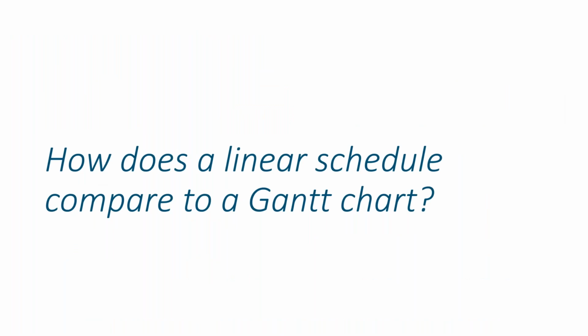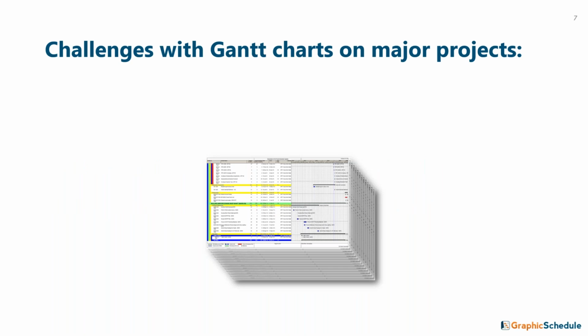So maybe a little bit of time to compare how linear scheduling compares to traditional scheduling or Gantt charts. Many of you have seen schedules that look like this. And the larger the project, the larger the schedule, right?